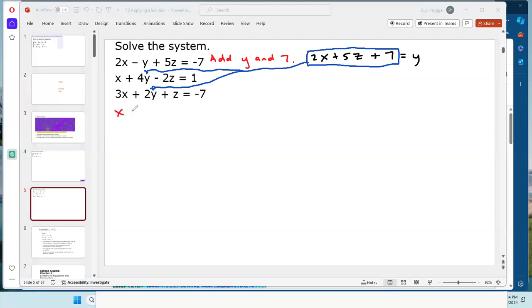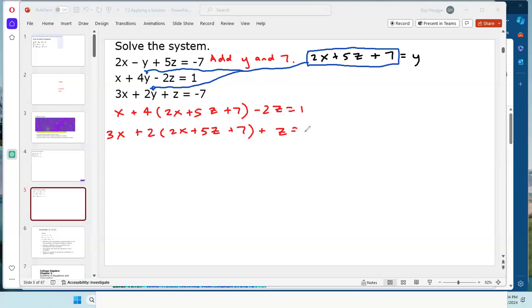We get x plus 4 times this thing minus 2z equals 1, and 3x plus 2 times the thing plus z equals -7.